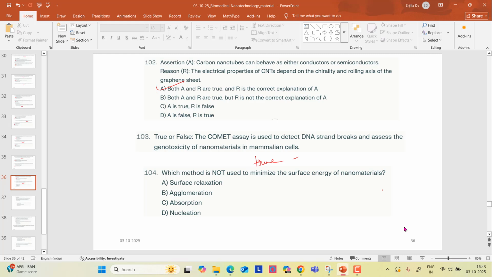But as per the system, that is the most stable condition. That is why these things happen, right? A system always tries to minimize its surface energy. So in that situation, I think agglomeration is happening because the nanoparticles are trying to minimize the surface energy. So it may not be the reason.